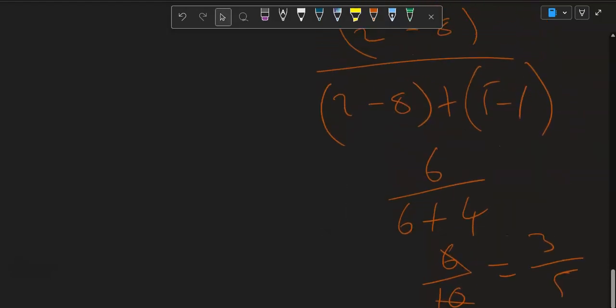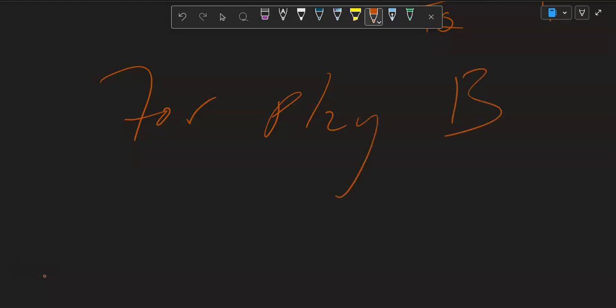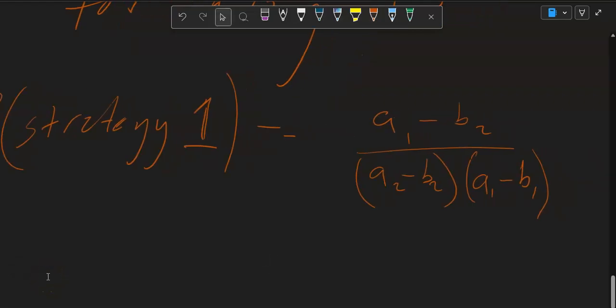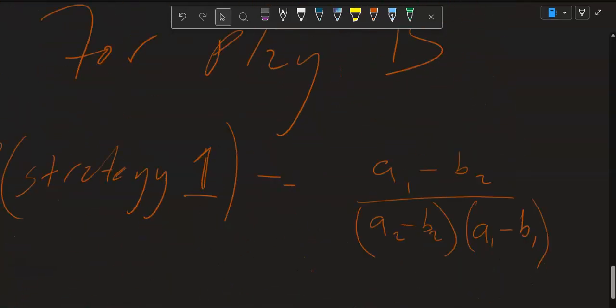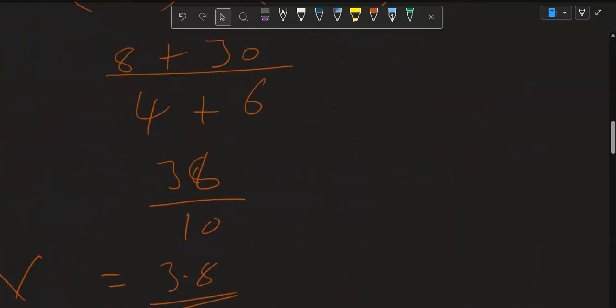So these are the probabilities of the first guy choosing either of the two. So let us look at player B. He also has two strategies. So what are the probabilities? Let me write the formula for the probability of the first strategy. Now look at this: we have A minus B. Why are we alternating on the figures?